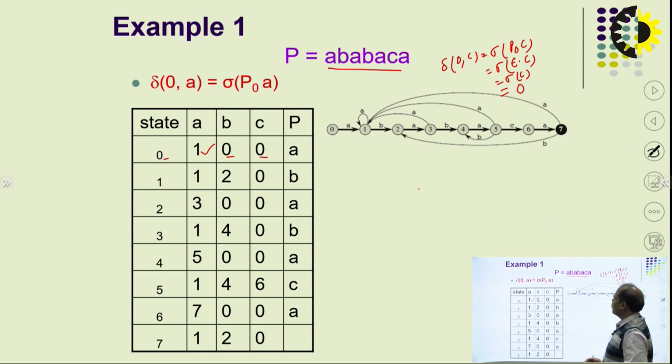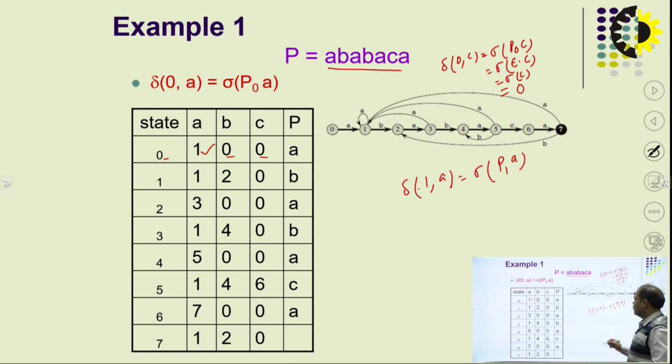Now consider transitions from state number 1. Delta of 1 comma a means sigma of P1 a. P1 is a, so this is a and a.